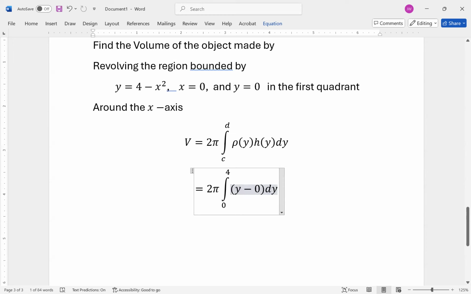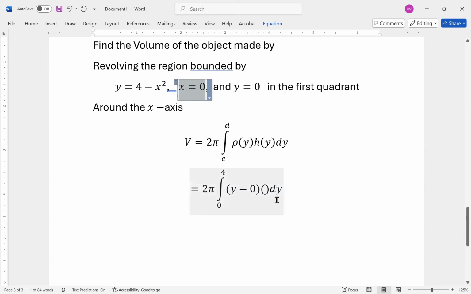Now I need to find my height. Now my height is going to go from the curve down to the line x equals 0, down to the y-axis.